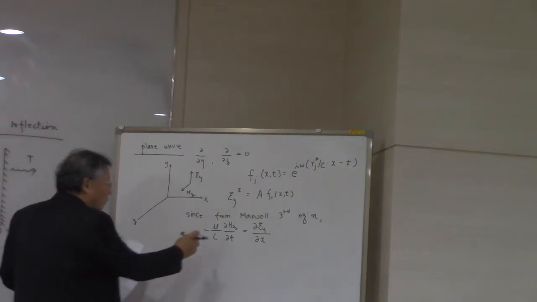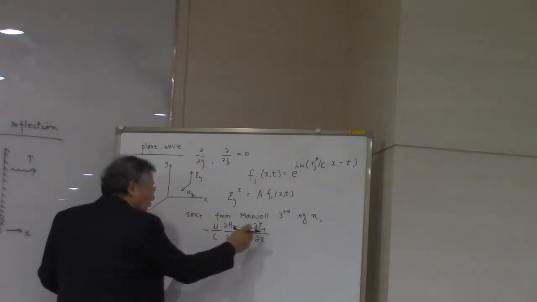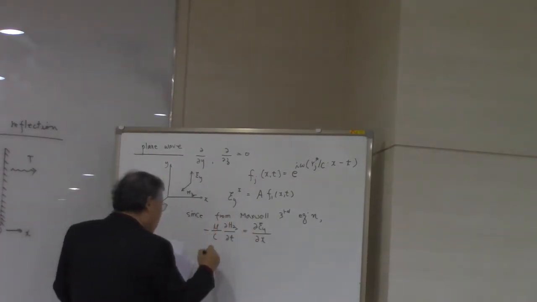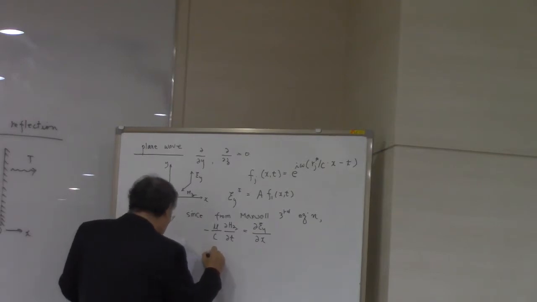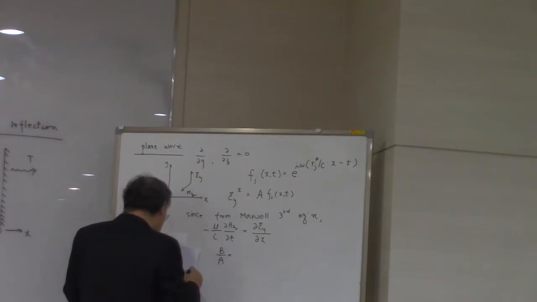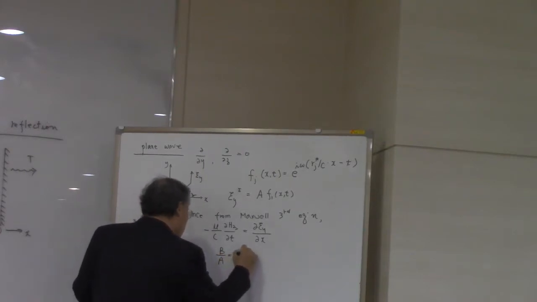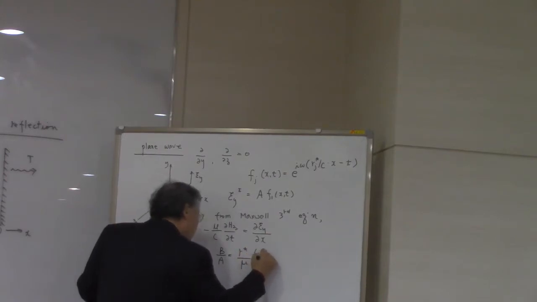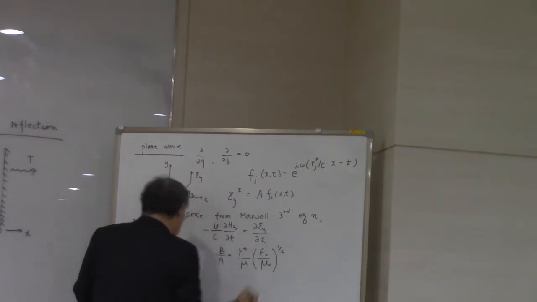So we can have a relationship between the electric field and magnetic field, so that you have an equation like A over B is equal to R star over mu, the dielectric constant, square root of this.